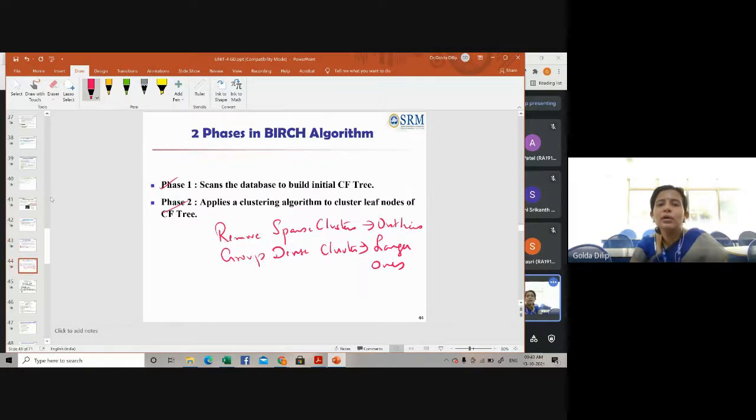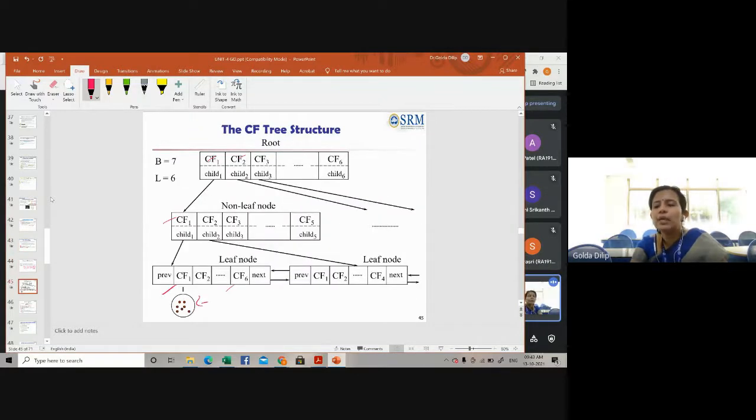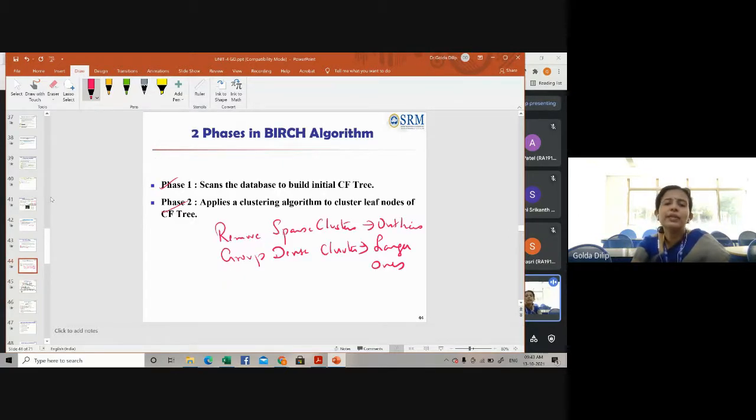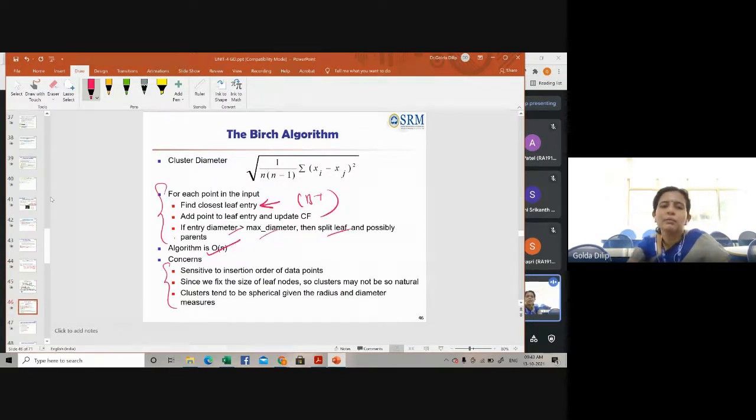It looks like a B plus tree. Then you scan the database, build the initial CF tree, then apply a clustering algorithm to cluster the leaf nodes of the CF tree. We also covered the major concerns and the complexity of this algorithm. That's what hierarchical clustering is all about.